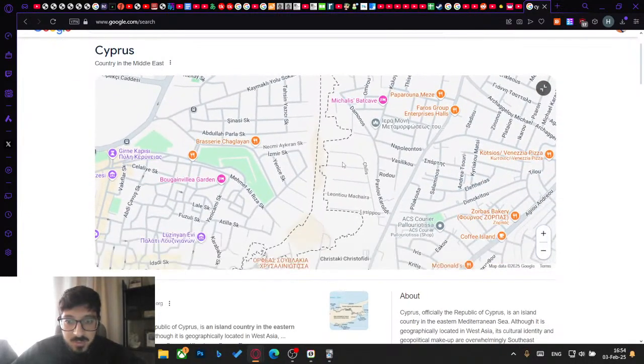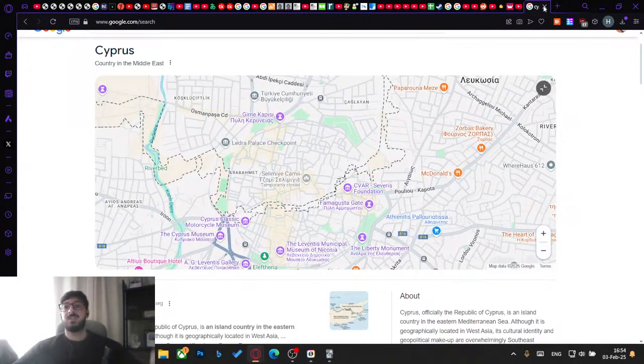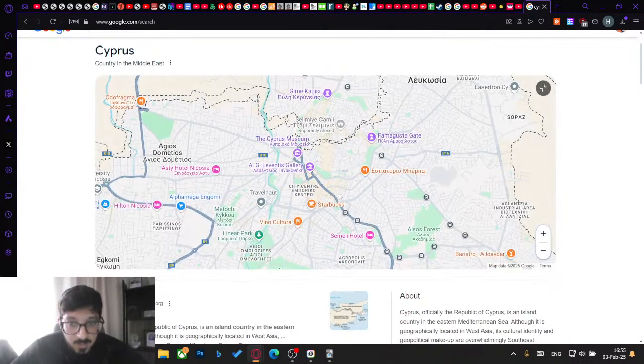But yeah, this is Nicosia. This is all of Nicosia. And it's cut in half. But hopefully one day we can go there and they can come here and it becomes one, you know. It's better to not have borders. Why do you have borders? It's just one country.